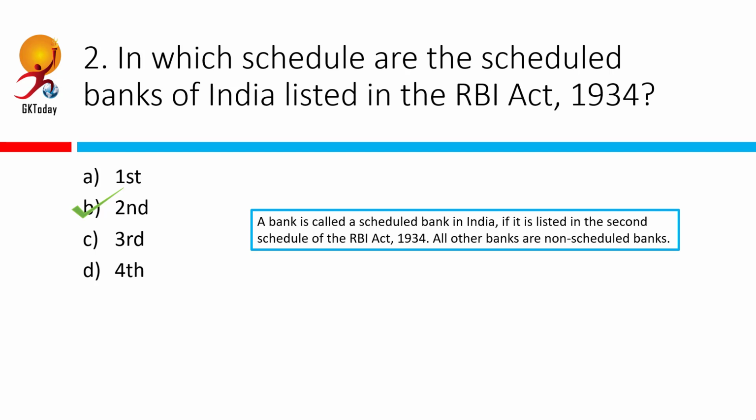What are these conditions? These banks have to have a paid up capital and reserve of at least rupees 5 lakh. They should satisfy the CRAR norms and other prudential norms of RBI, and they should satisfy the RBI that their business is not being conducted in a manner which is prejudicial to the interest of its depositors.